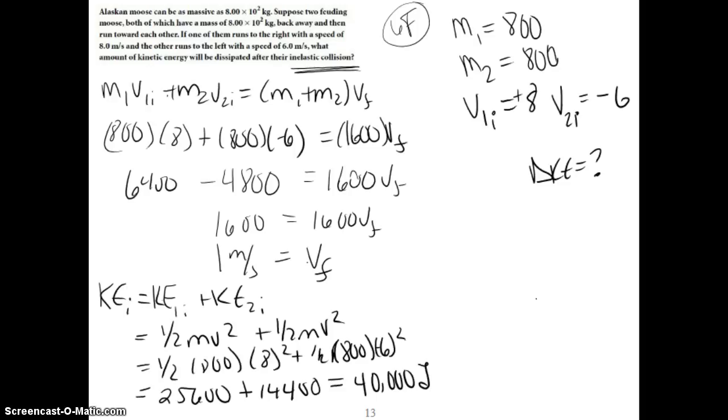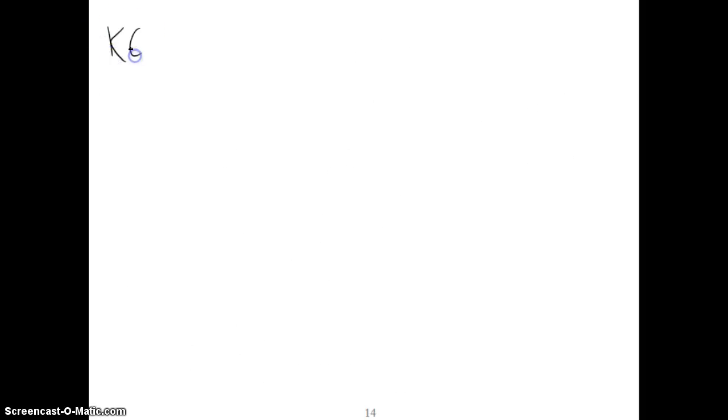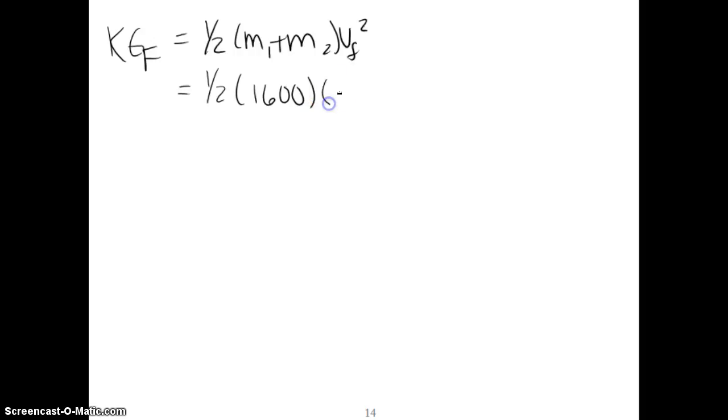Then I look at my final kinetic energy. My final kinetic energy is the energy of them together. Remember, it's all one unit, so I only have 1/2 mv squared, which gives me 1/2 times 1600 times 1 squared, which is a total of 800 joules.